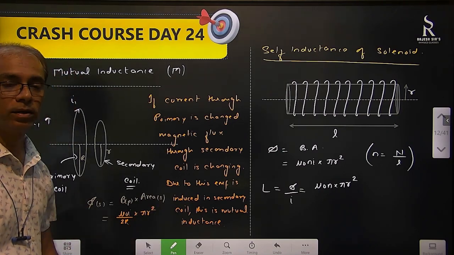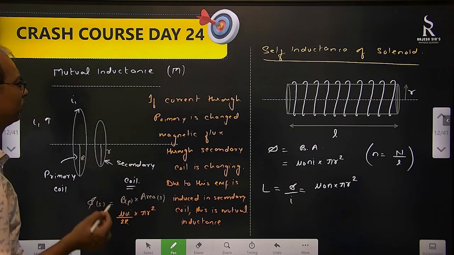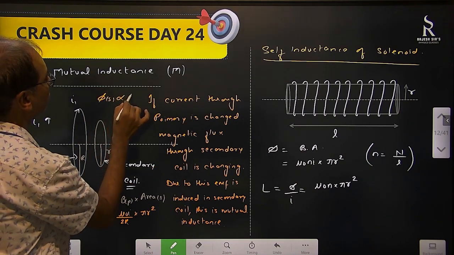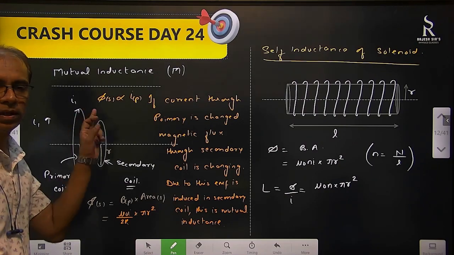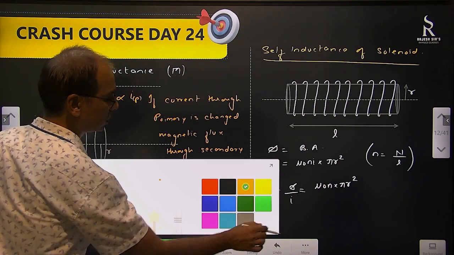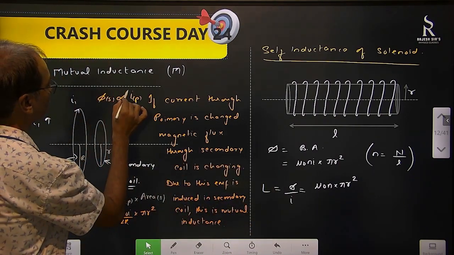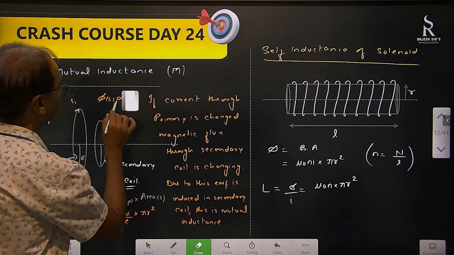Now, if I want to find the coefficient of mutual inductance, in the same way as the coefficient of self-inductance, we can say flux through the secondary is directly proportional to current through the primary. I'll write it in some other color.